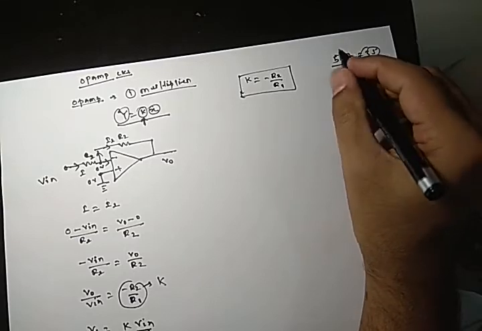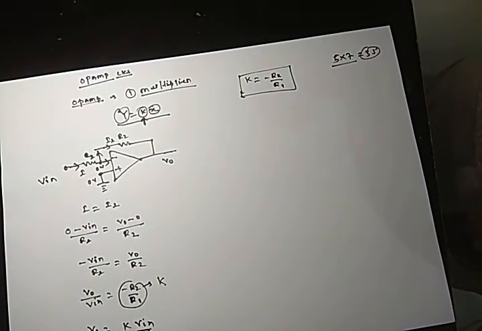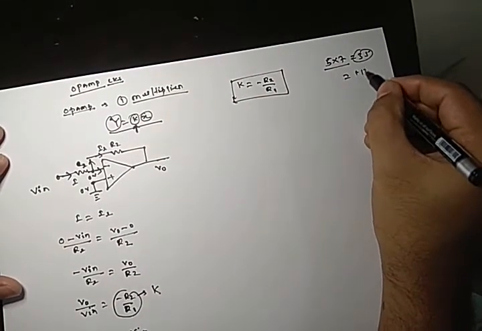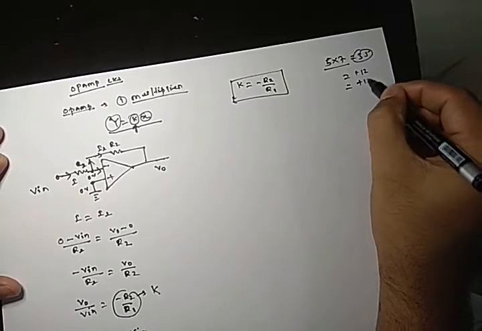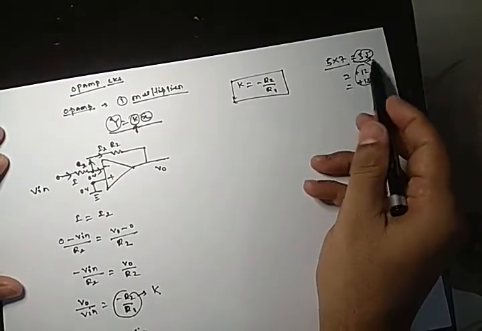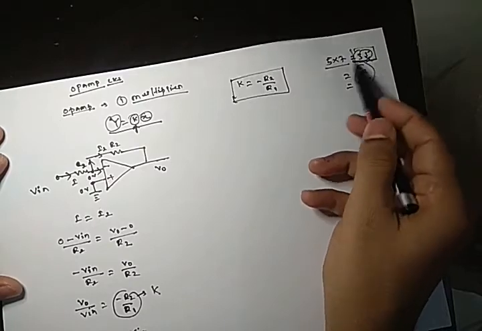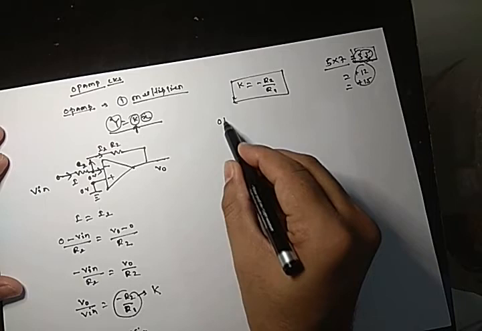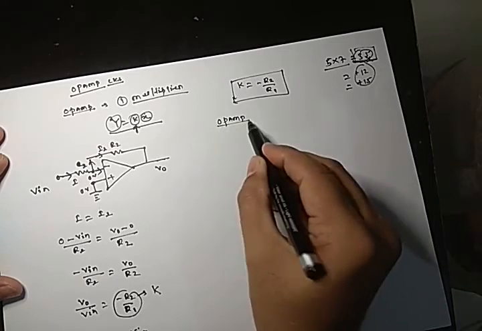The answer is 35, but our output voltage is only limited to plus or minus 12 volt or 15 volt. So we cannot get 35. We will do some different arrangement to get this 35 as an output. But certainly we got to know that op-amp can be used as a multiplier.